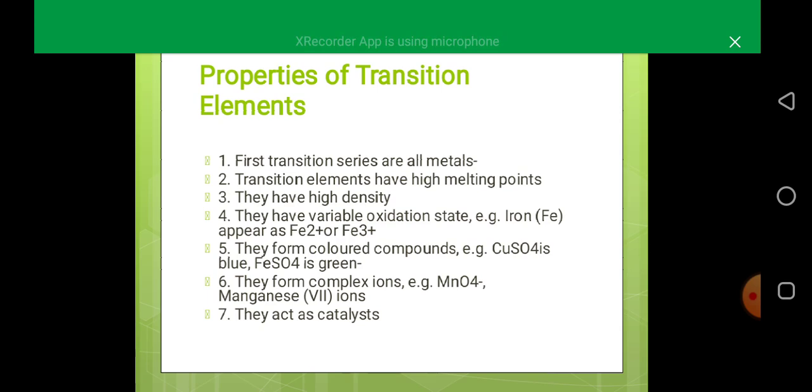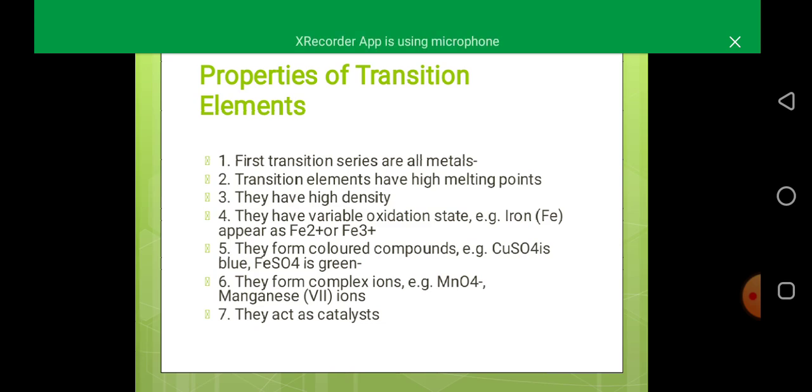For example, sodium has only one oxidation state, and calcium has +2 oxidation state, but it does not have one oxidation state. But in transition metals, you may see one element with variable oxidation states.